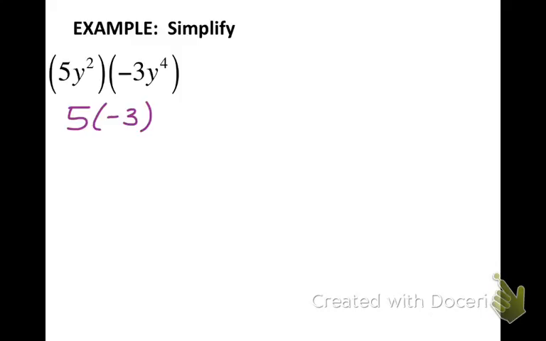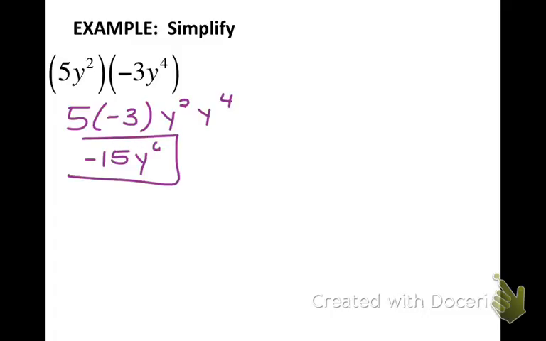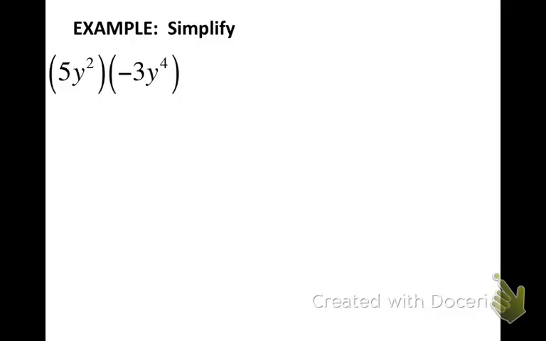So 5 and negative 3. And then I'm going to order my variables together. So it makes it a little bit easier to see what's happening. So 5 times negative 3 makes negative 15, and it's going to be y to the 6th power. Because we have to add 2 and 4, right? Okay. Still so far, we're okay.